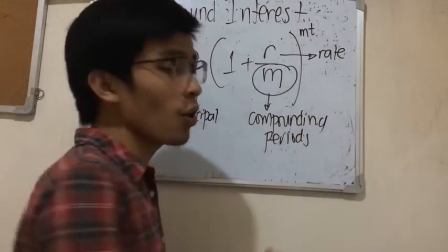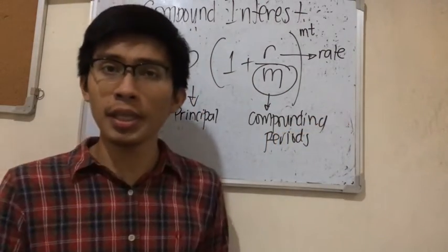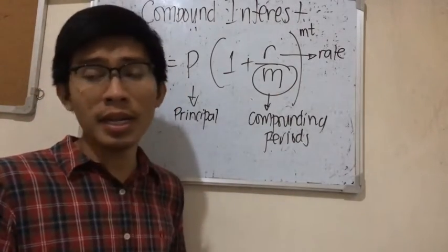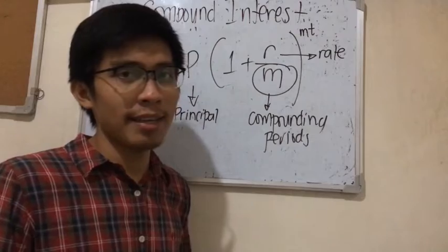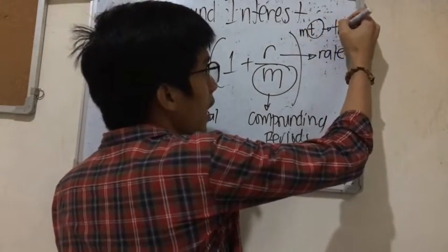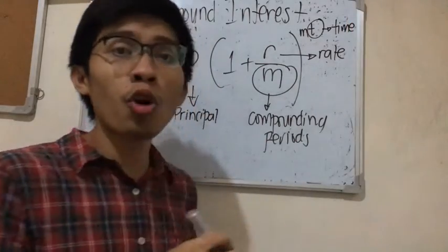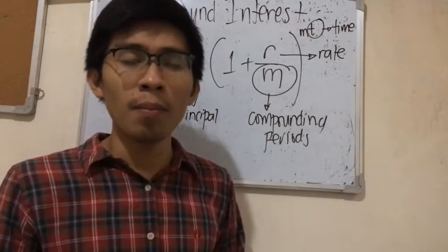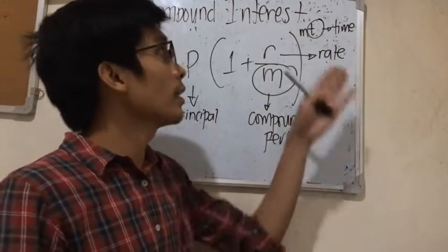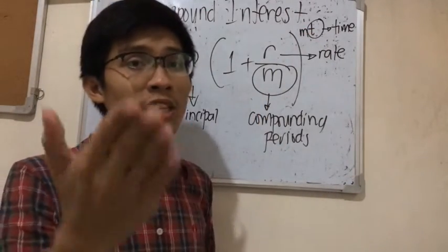In short, how frequent your money will increase in a year. That is your m. Example, annually, semi-annually, and so on and so forth. T here is the time, how long your money will increase. T, same with simple interest, is always in years.